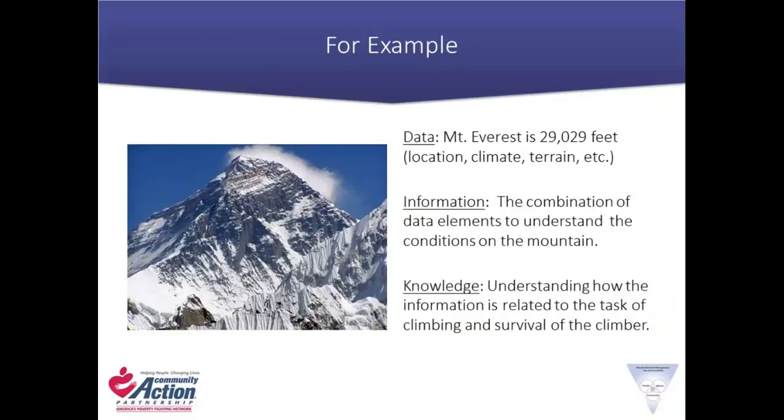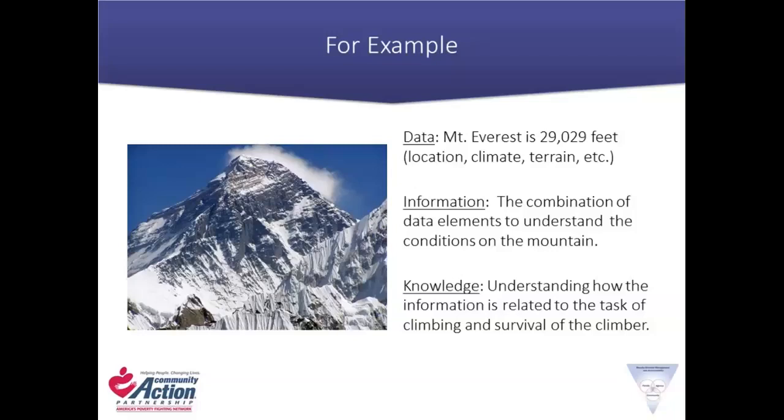Other data elements that we could look at regarding Mount Everest are the location, such as the longitude and latitude on a map, the temperature, perhaps the range of temperatures in the area, and the identification of the terrain. And so this data may be included in a database or chart, maybe with other data about Mount Everest.